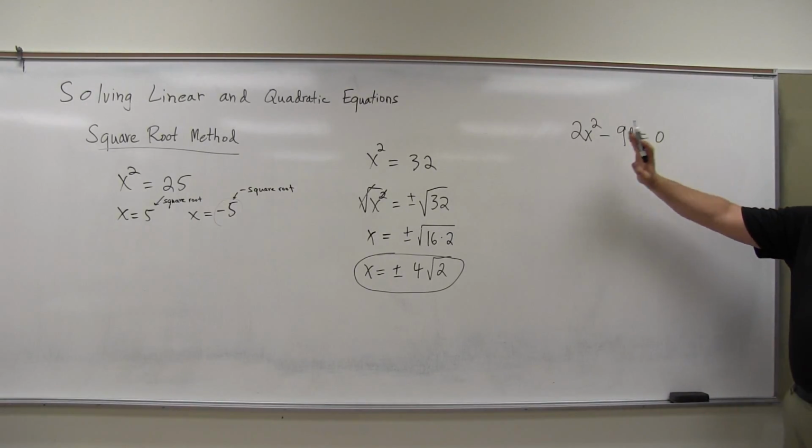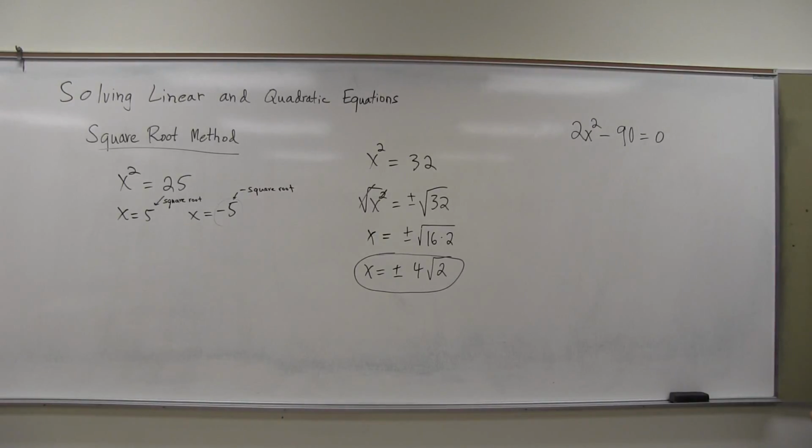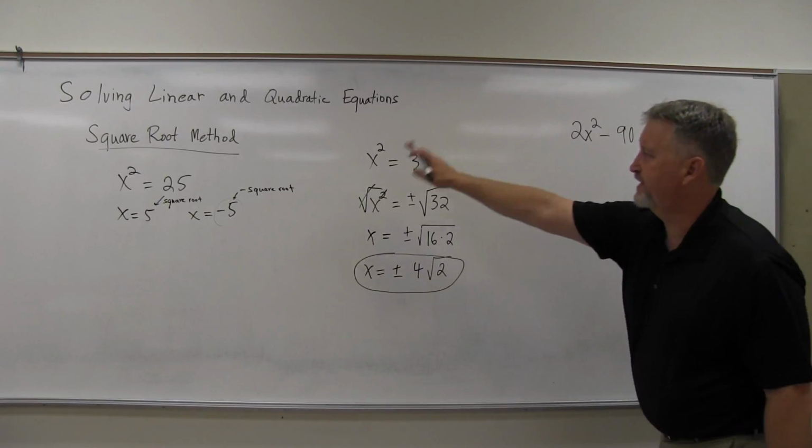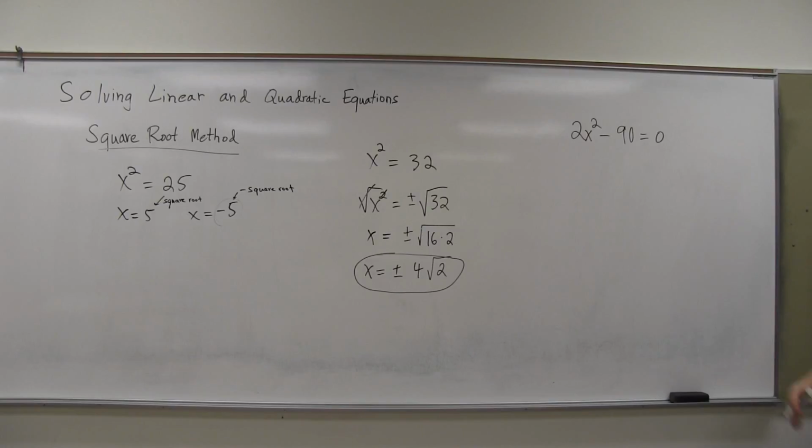If I was factoring that, that would be the way to go, but we'd run into a bit of a problem if we tried factoring it. So let's use the square root method on this. On the square root method, you want the x squared by itself, so I want to move the minus 90 and the 2 to the other side.